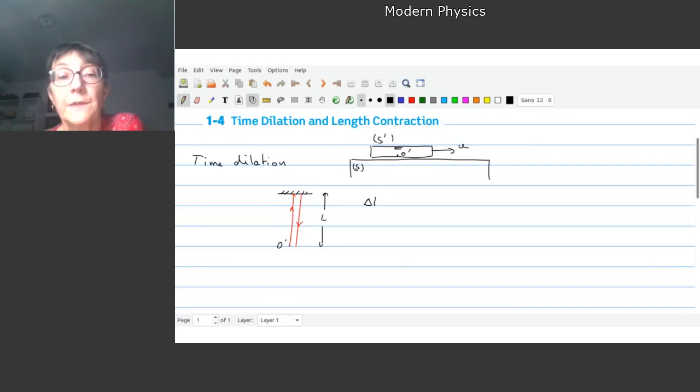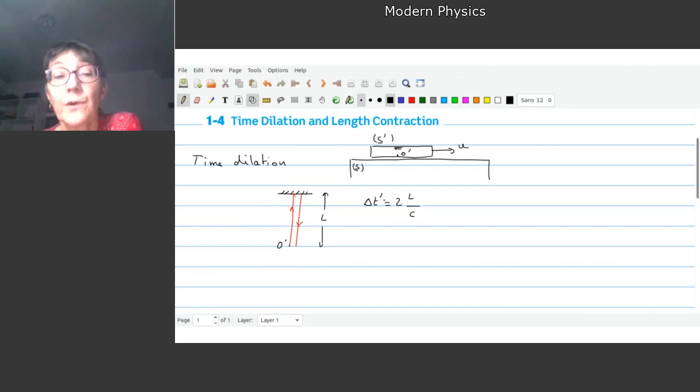So we will calculate delta t prime because it's in S prime. And what is it? It is 2 times, the same time to go and the same time to come back. It is simply, the velocity of light is c, the distance is L. So this is 2L over c.